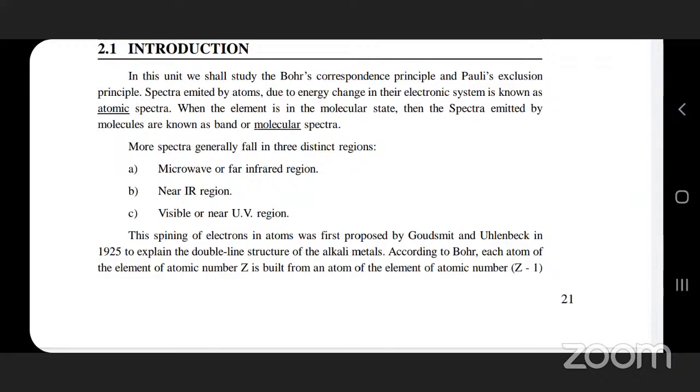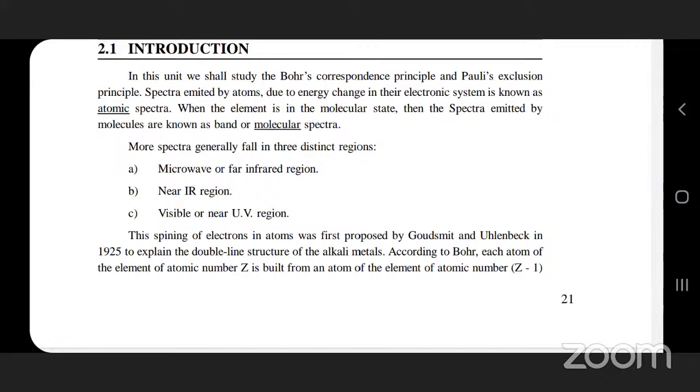You can easily observe them in the electromagnetic spectrum, which includes radio waves, microwaves, infrared, the visible region, and also X-rays and gamma rays. These are the different regions which can be observed.